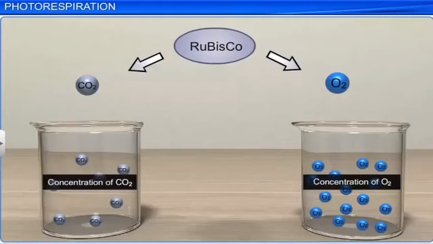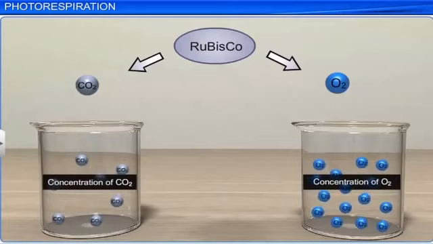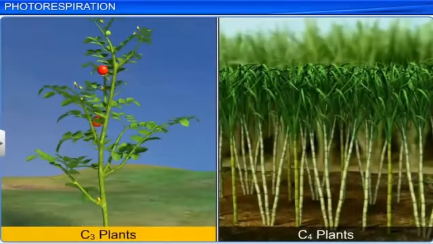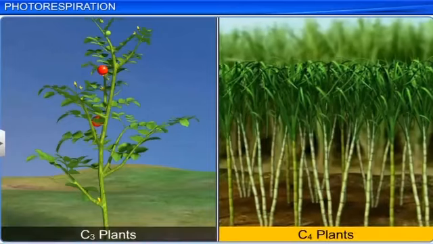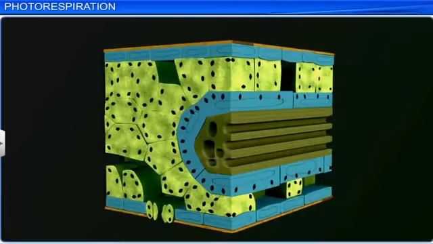However, this binding is determined by the relative concentration of these gases at the enzyme site of the plant cells. Photorespiration occurs in C3 plants because some oxygen is likely to bind with rubisco during photosynthesis. But C4 plants, with their special leaf anatomy, have evolved to overcome this process.